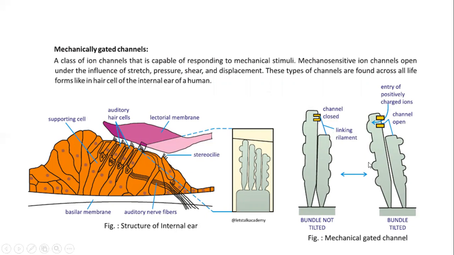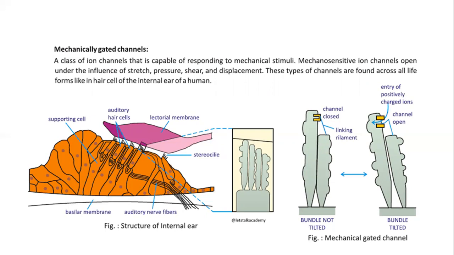Pressure comes on them, so these channels get tilted. When they get tilted, the channel gets opened up. When this channel opens, the ions go inside, and it gives the signal to your brain and the nerve fibers about what kind of sound has fallen onto the internal ear of the human. Okay, did you get a little idea?